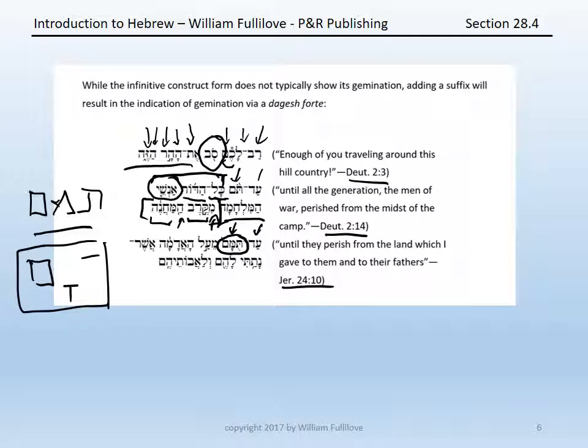Until their perishing, me'al, min plus the preposition al, from upon, ha, definite article, the land.